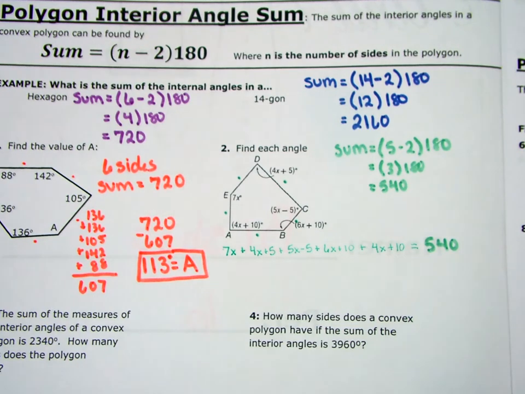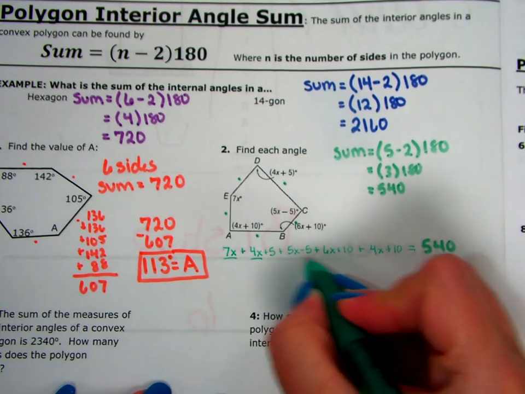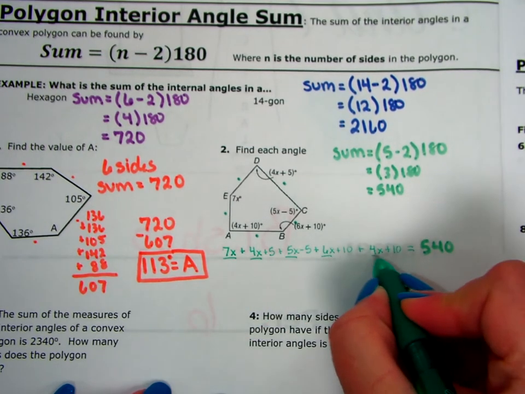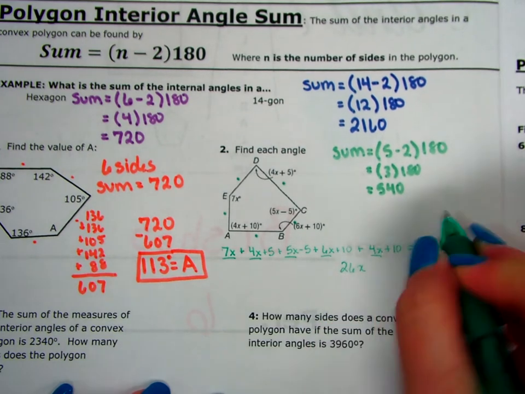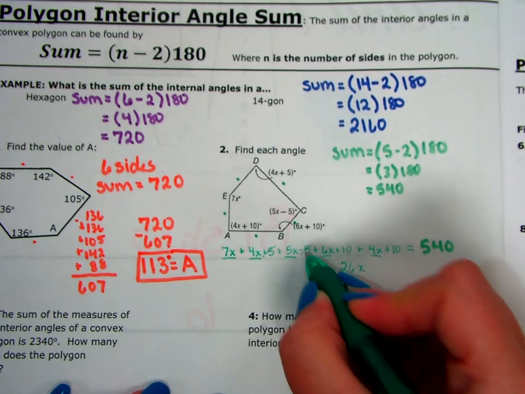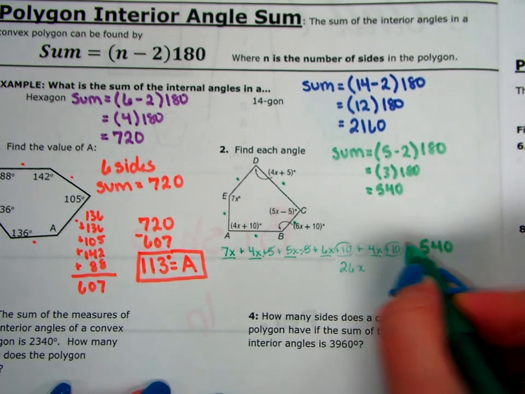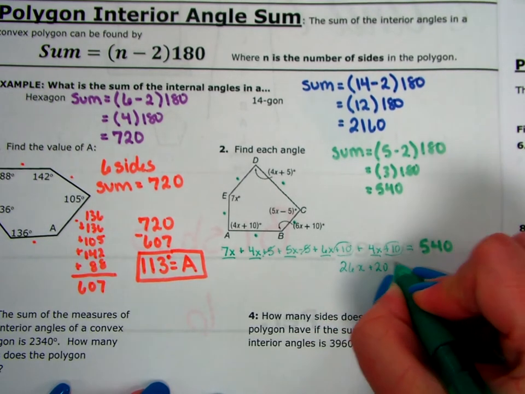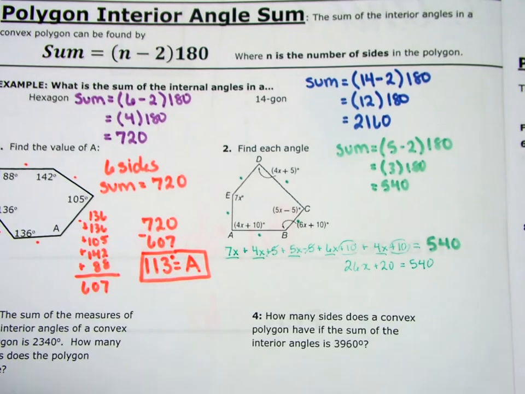Now, when I put them together, what do I get? 26x. Yeah, if I put all my x's together, I get 26 x's. And then when I put my constants together, my plus 5 and my minus 5 cancel out. So I just have plus 10 and plus 10, so plus 20, equals that 540. What do I need to do to solve this?